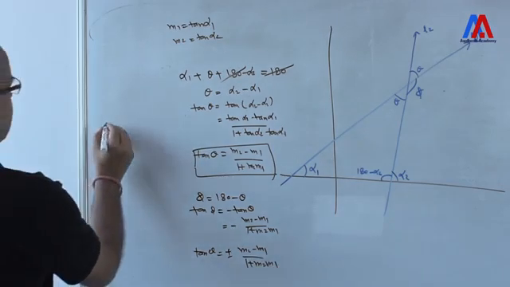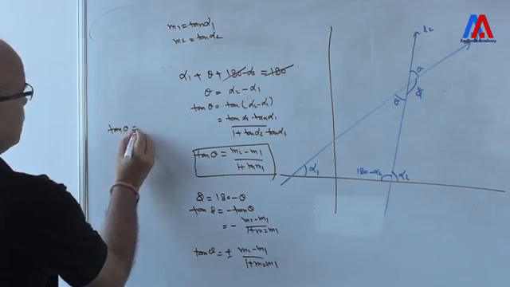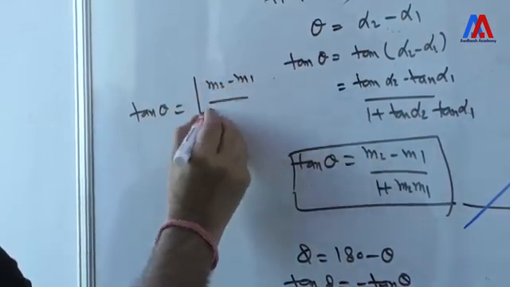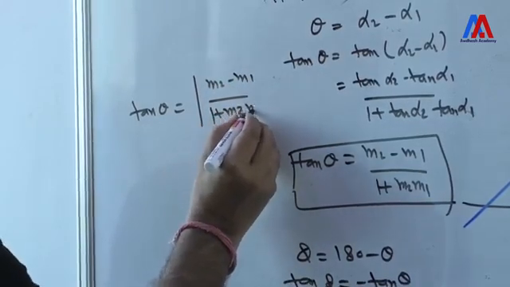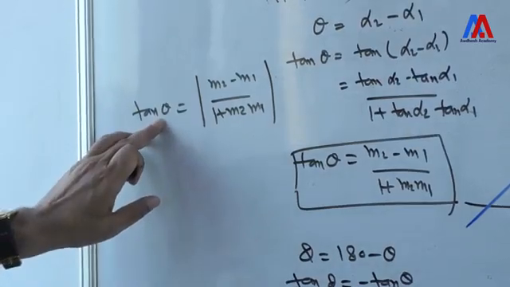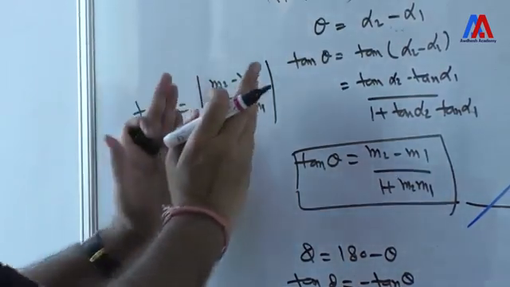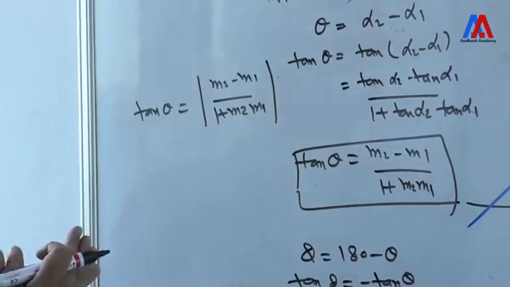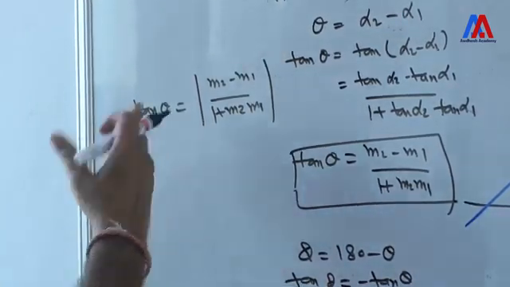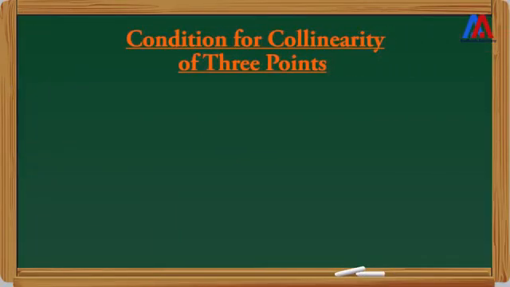Normally we write it like this: tan theta is equal to the modulus of (m2 minus m1) divided by (1 plus m2 m1). Here theta will always be an acute angle because this value will always be positive, and so if you want to find the obtuse angle, all we have to do is put the minus sign here.